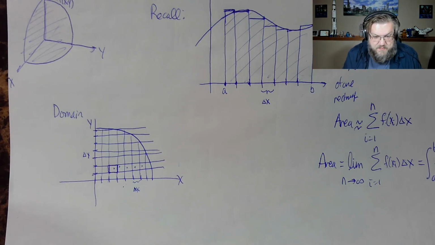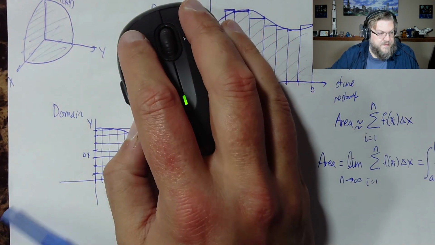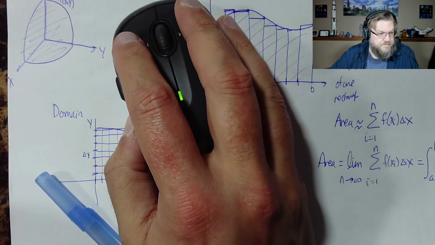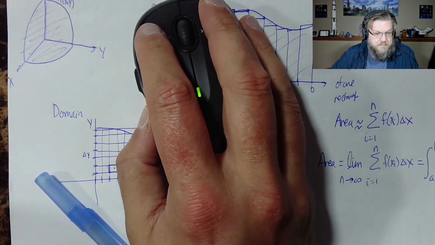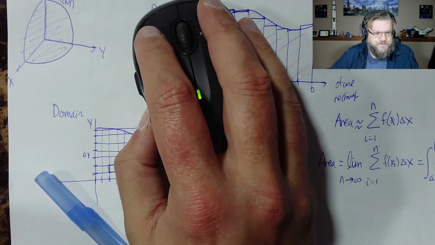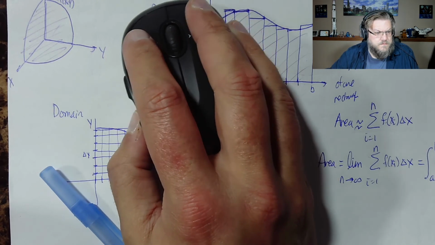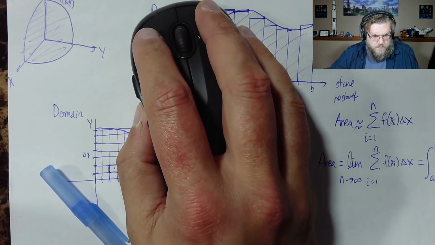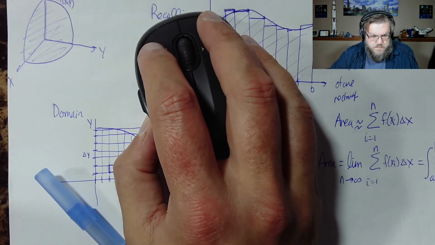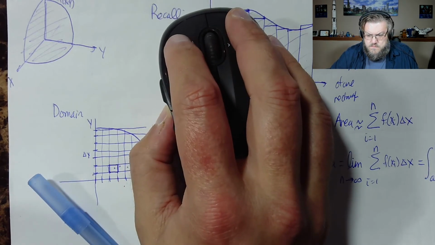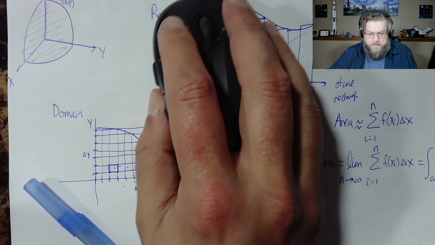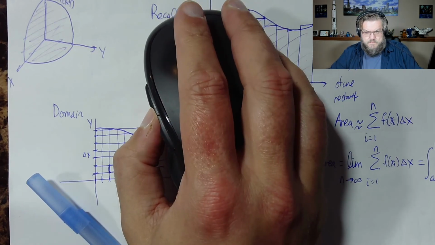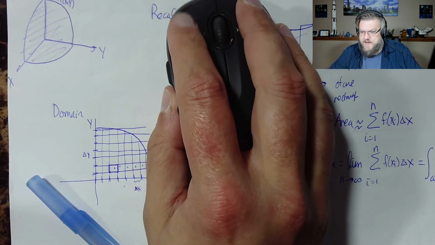Let me bring up a picture here from the textbook that can be quite helpful for this. Give me a second to bring this up. Okay, got it right here.